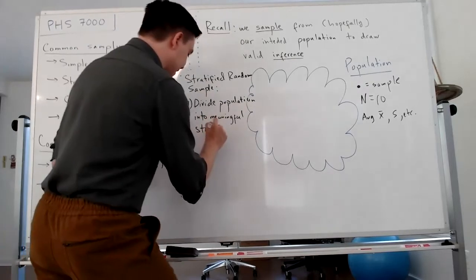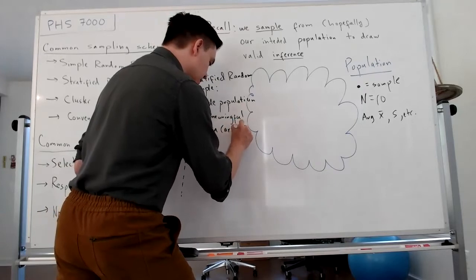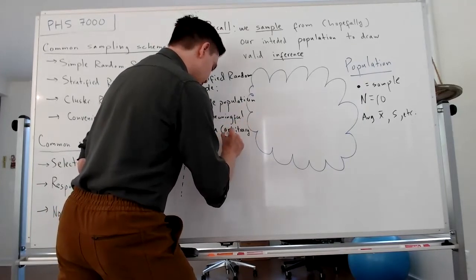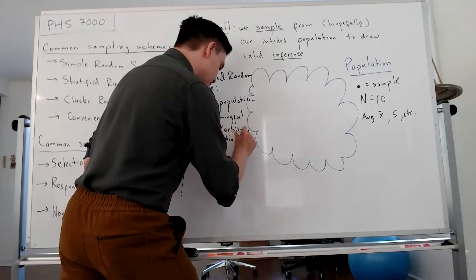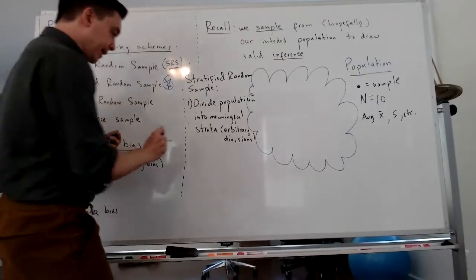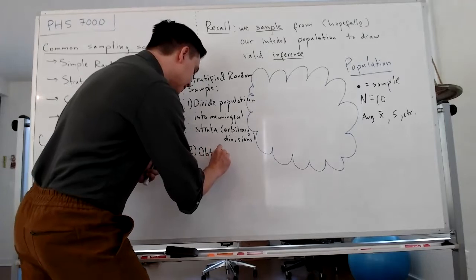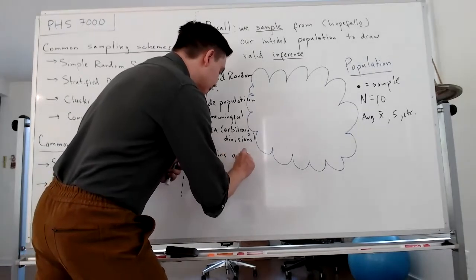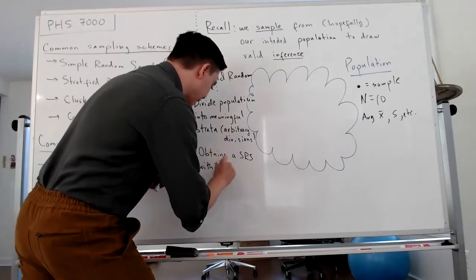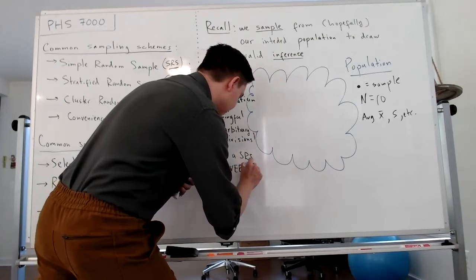You can think of strata as arbitrary divisions that make sense for your research study. And then obtain a simple random sample within, and this is important, every stratum.